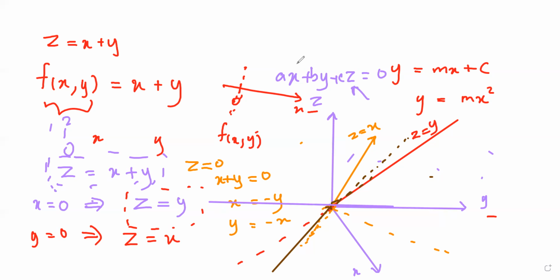So if you draw a surface, carefully see this, I hope. All these three lines are in the same surface. It's going to be like this. It seems like a curved surface, but actually it's not. It's going to be like this.